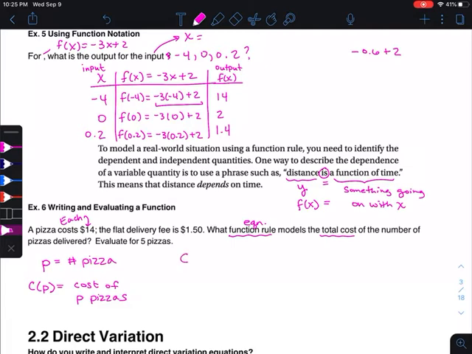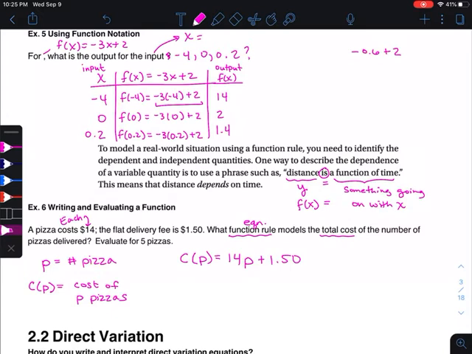So let's see. The cost of our pizzas is equal to, well, what do we know? Each pizza is going to be $14, and we have to add $1.50 to have it delivered. So we're going to have 14 times the number of pizzas plus the flat rate of $1.50. And then they want you to evaluate for 5 pizzas.